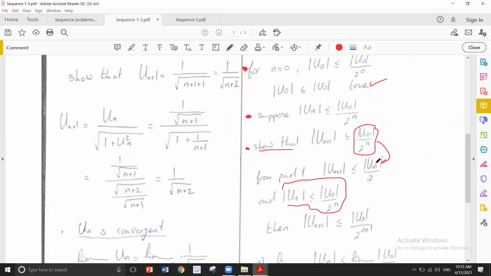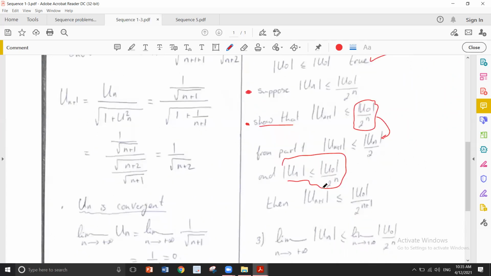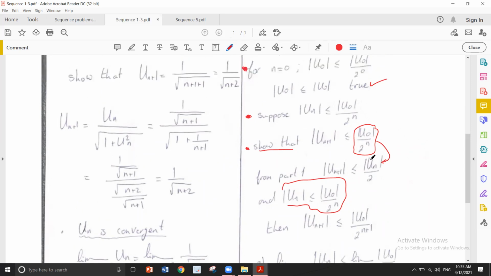So I replace UN by U0 over 2 to the power n. Then UN plus 1 will be less than or equal to U0 over 2 to the n plus 1. إذا حطيت محل UN U0 over 2 to the power n over 2 بتصير 2 to the power n plus 1.